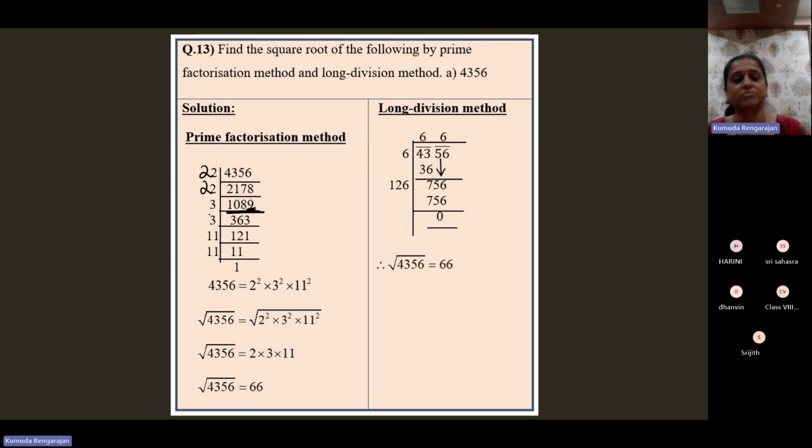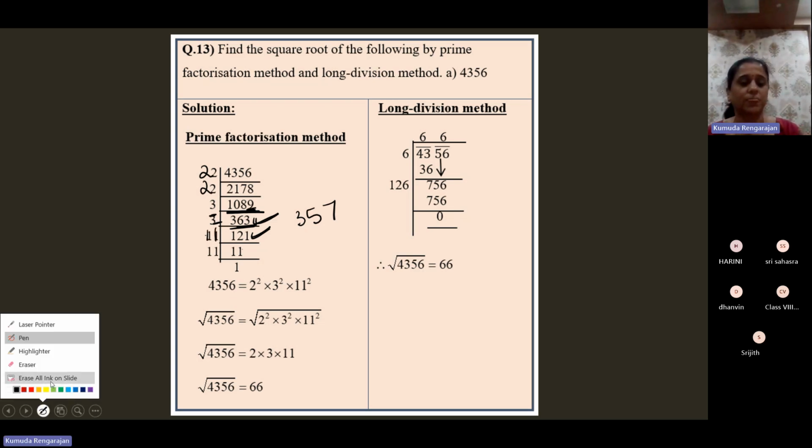So then the next prime 3, again it's divisible by 3. Now after dividing by 3 two times, we get 121. And 121 is not divisible by 3, not divisible by 5, not divisible by 7. So you see that it's divisible by 11. 11 elevens are 121.